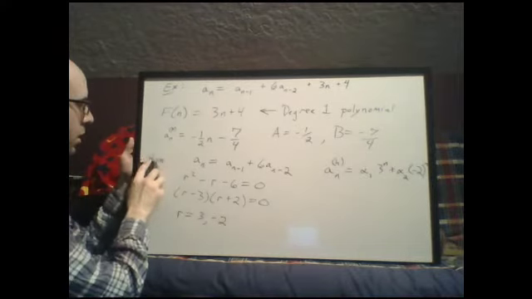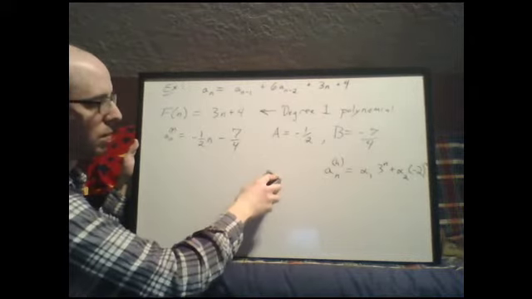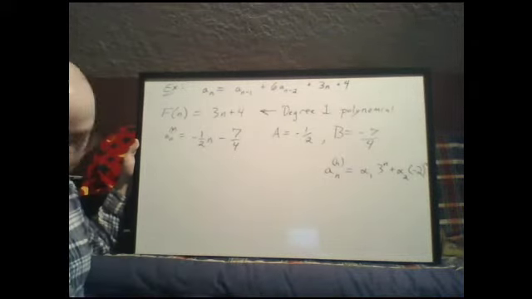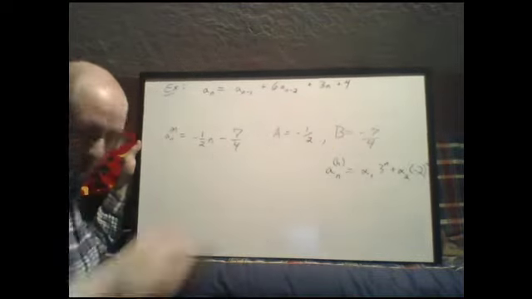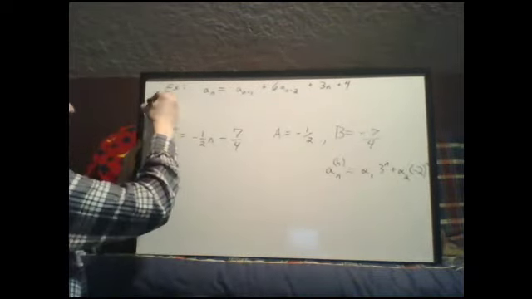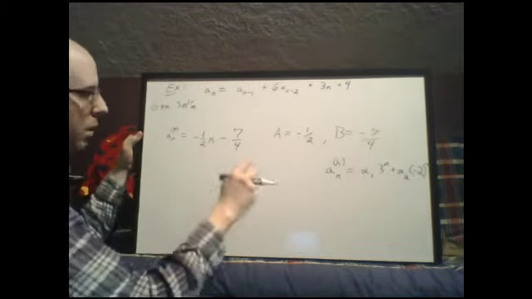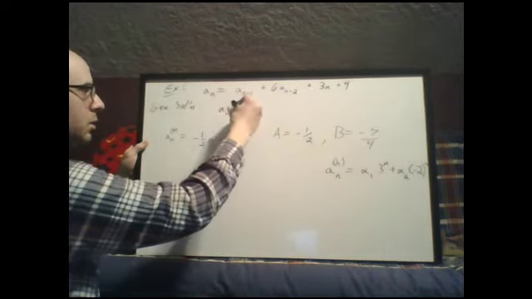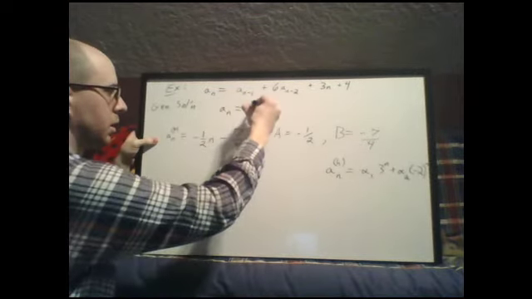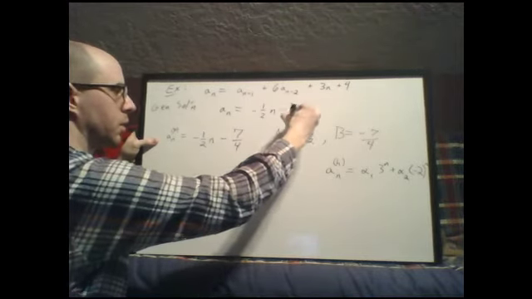Okay. So let's write the full solution. Let me give myself some more space here. The general solution would be a_n^(P) plus a_n^(H). So a_n equals negative 1/2 n minus 7 over 4 plus that stuff.